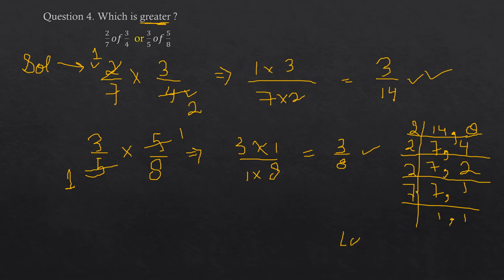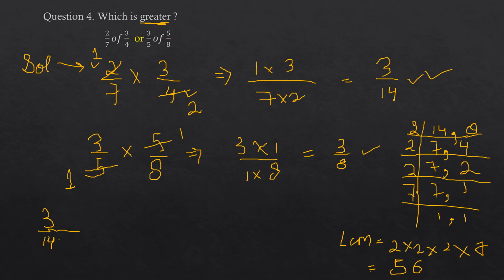LCM is equal to 2 into 2 into 2 into 7. 2 into 2 is 4, 4 into 2 is 8, and 8 into 7 gives us 56. So the LCM is 56 here, and we will make the denominators of the fractions equal to 56.